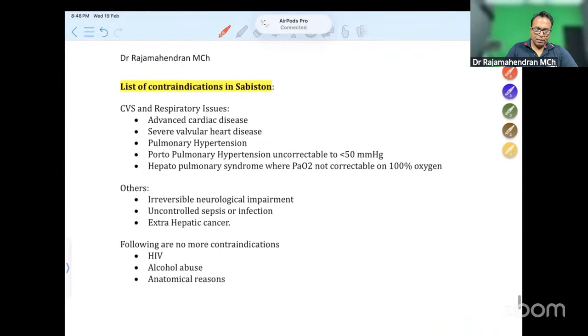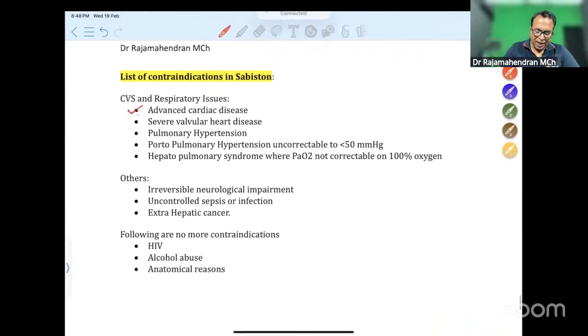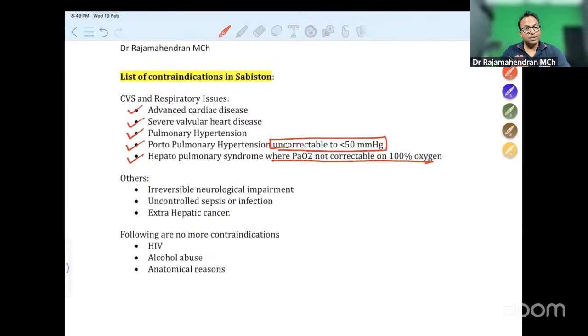So what is the latest update in Sabiston? Advanced cardiac disease, severe valvular heart disease, pulmonary hypertension, portopulmonary hypertension uncorrectable to less than 50. Hepatopulmonary syndrome where PaO2 is not correctable on 100% oxygen. Malignancy within 5 years is a contraindication, except skin cancer other than melanoma, brain cancer, and uterine cancer, which are not contraindications.